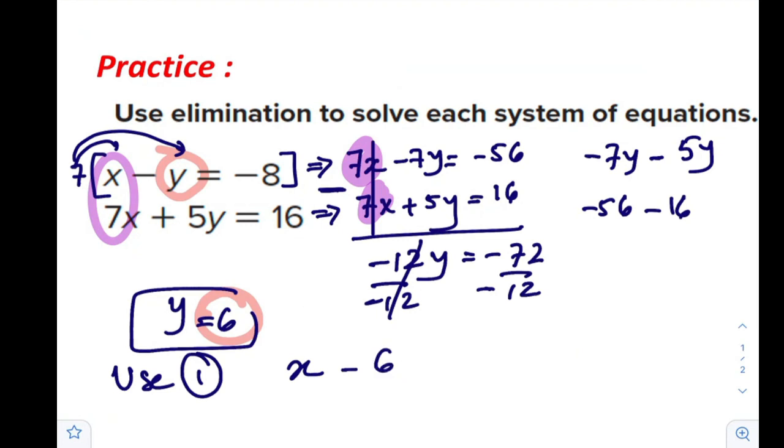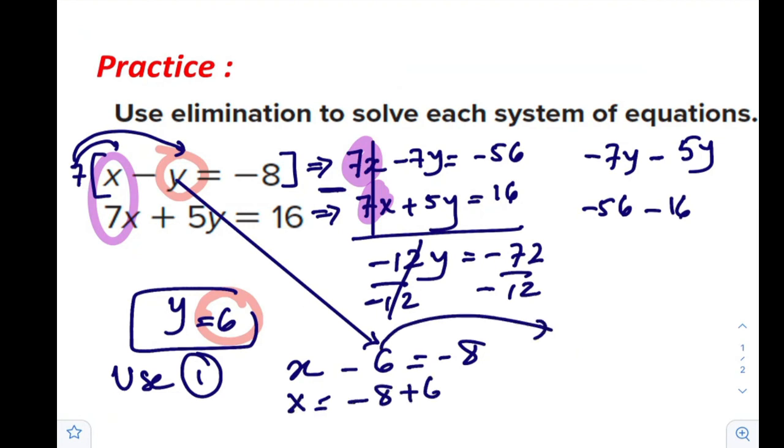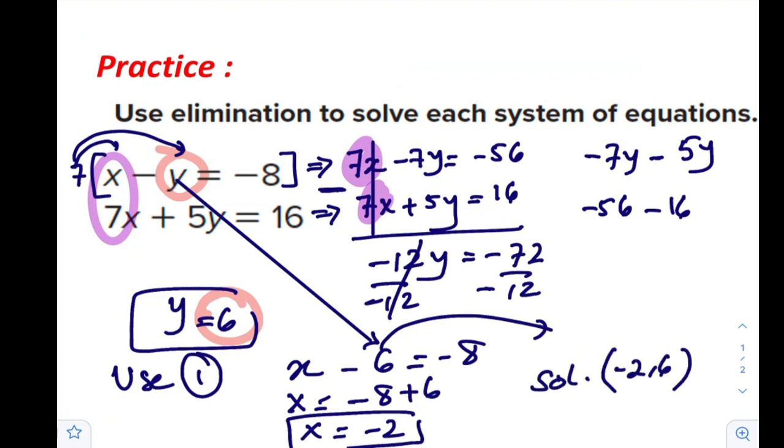So I'm replacing the y by the 6 and I will solve. This will be minus 8 plus 6. So x is minus 2. So the solution is negative 2 and 6.